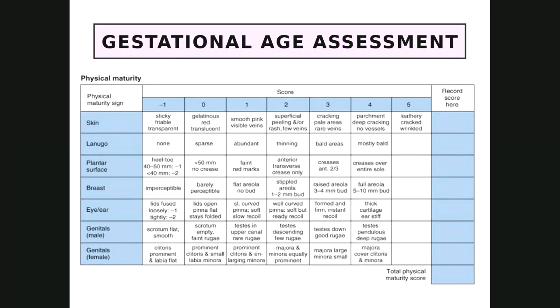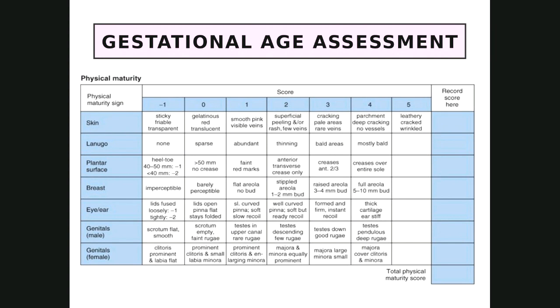But then as it grows, it starts to thin out. You'll only have bald areas, and then mostly bald by the time the baby is term. So if I have a super hairy baby and I'm trying to figure out how many weeks gestational that baby is, with lots of lanugo, probably 28 to 32 weeks. If I have no hair, not a little bit even on the shoulders or the back, maybe a pretty term baby, okay?